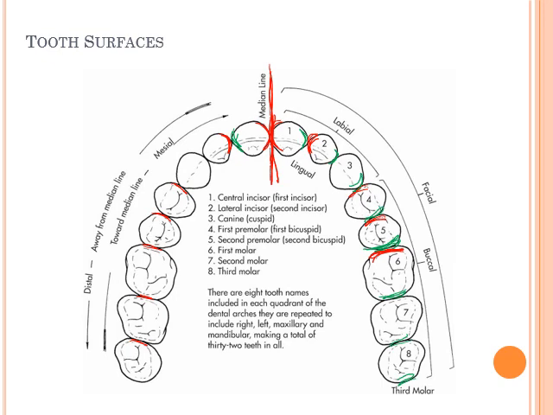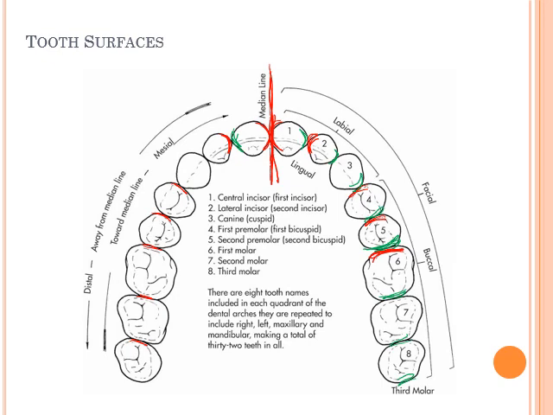So on 8 and 9, and on the lower mandibular arch, 24 and 25, will be the only teeth where mesial surfaces touch together. Otherwise, as we move back from the central incisors, the mesial surfaces touch the distal surface of the tooth coming before it.